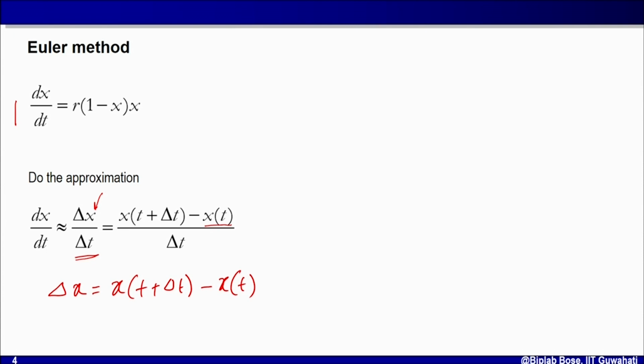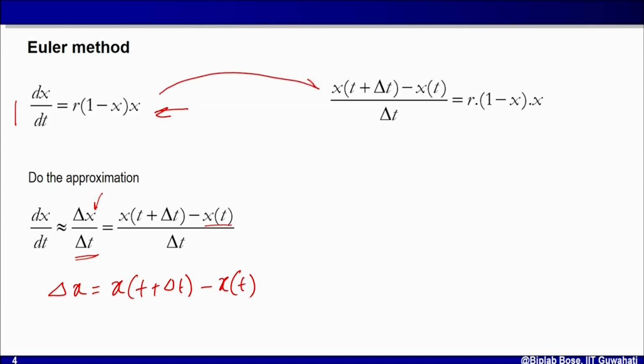So once we have this one, then we can rewrite this first equation, that ODE, in this form. So dx/dt is equivalent to x at t plus delta t minus x at t divided by delta t. So that should be equal to r into (1 minus x) into x. We are getting this one from this first equation, ODE.